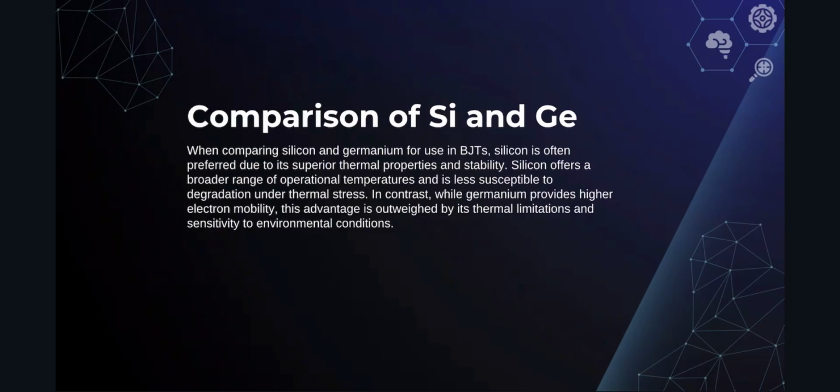Comparison of silicon and germanium. When comparing silicon and germanium for use in BJT, silicon is often preferred due to its superior thermal properties and stability. Silicon offers a broader range of operational temperature and is less susceptible to degradation under thermal stress.